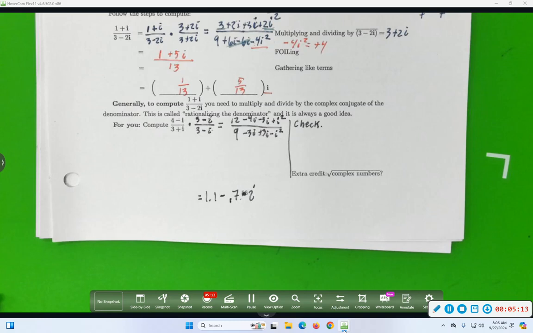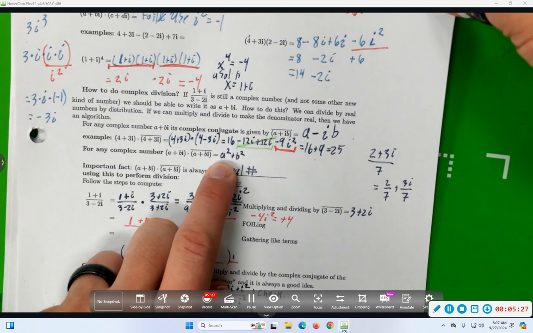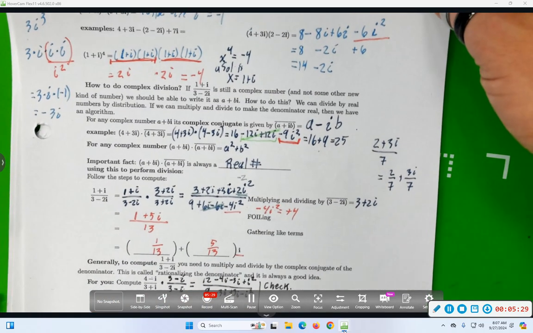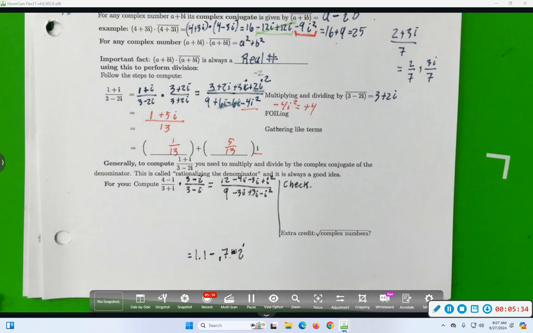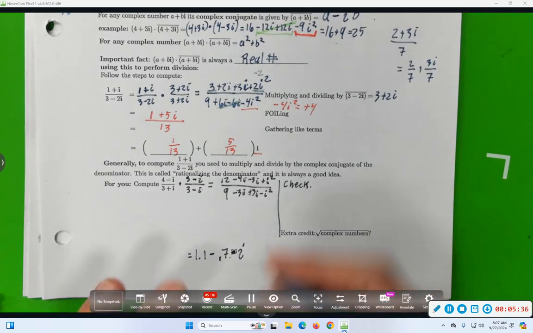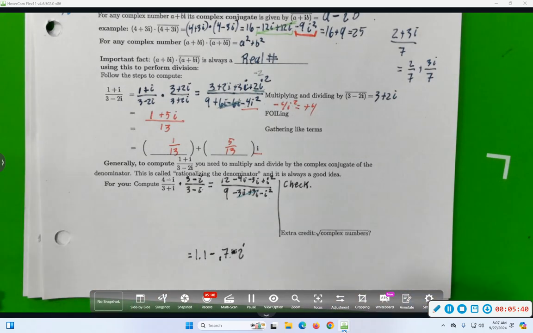In fact, how many people skipped the step that I just wrote because you already knew what the denominator had to be? Yeah, right. We have a formula that says when you multiply a number by its complex conjugate, you always get a squared plus b squared. So I know the bottom should be 9 plus 1, which hopefully it is. So let's see. Those cancel. I knew they had to.